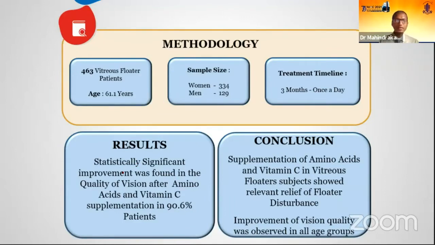The result: a statistically significant improvement was found in quality of vision after amino acids and vitamin C supplementation in 90% of patients. Supplementation of amino acids and vitamin C in vitreous floater subjects showed relevant relief of floater disturbance. Improvement of vision quality was observed in all age groups. This is a very, very important study showing the significance of, again, amino acids and vitamin C.